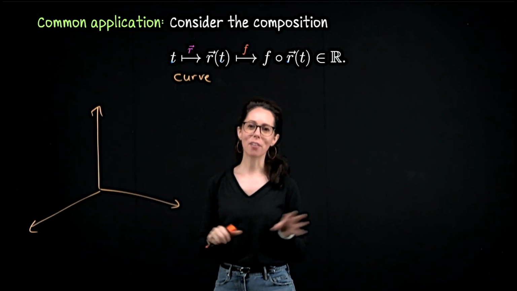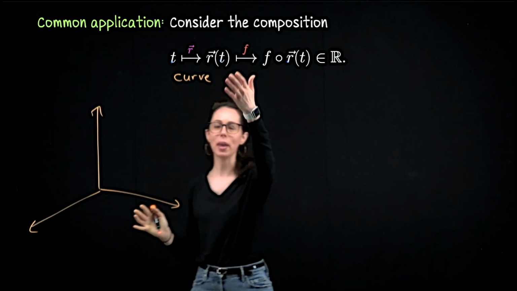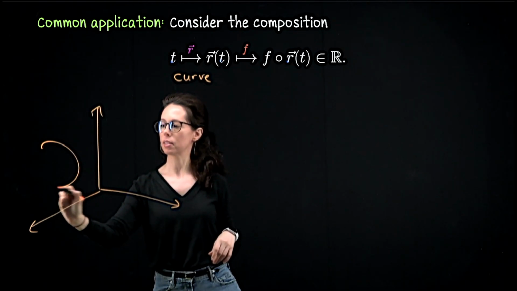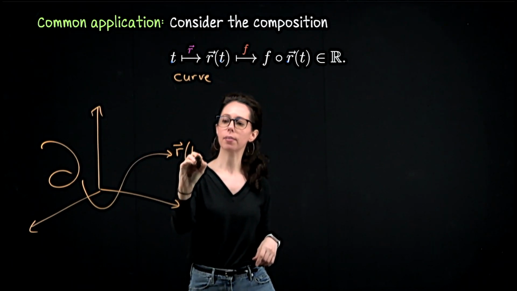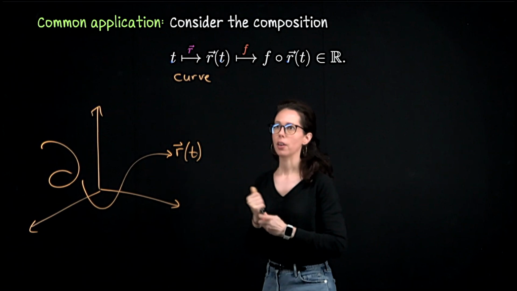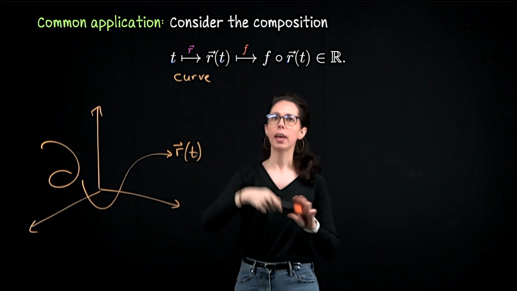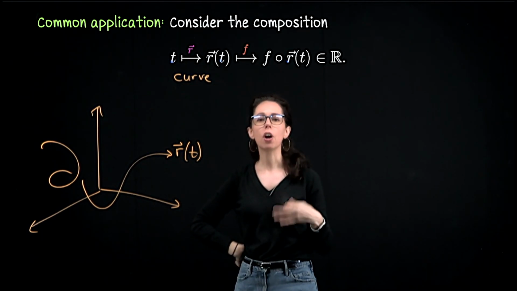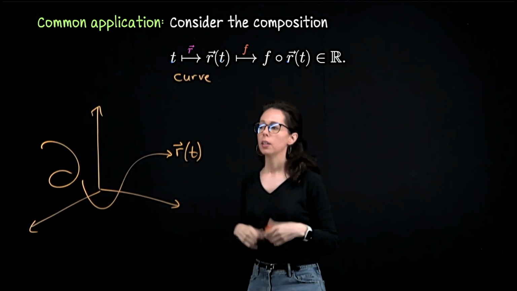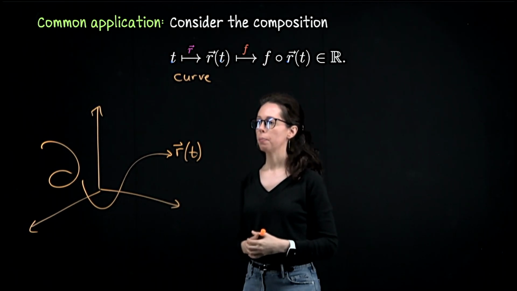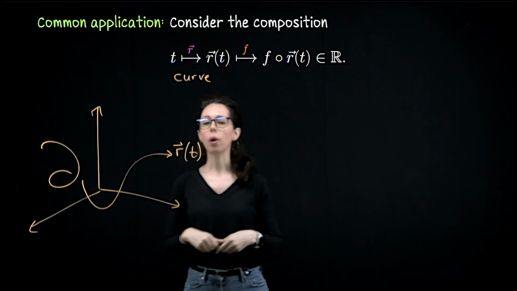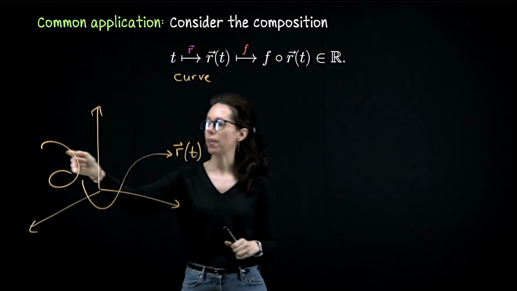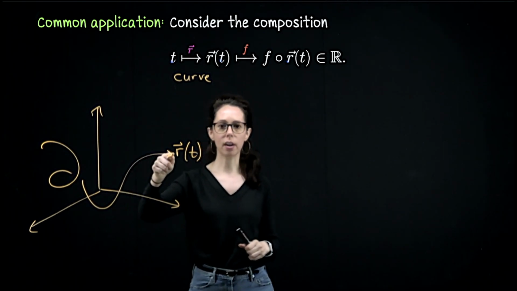So if we're assuming that our function is at least continuous on the domain, what we would have is, if the outputs are in R3, some kind of space curve. Okay, so this first mapping is a curve, and then we have a function on that curve. So f here, if we stick with our picture, f may be a function in general from R3 to R, but what we are interested in is evaluating f along this curve.